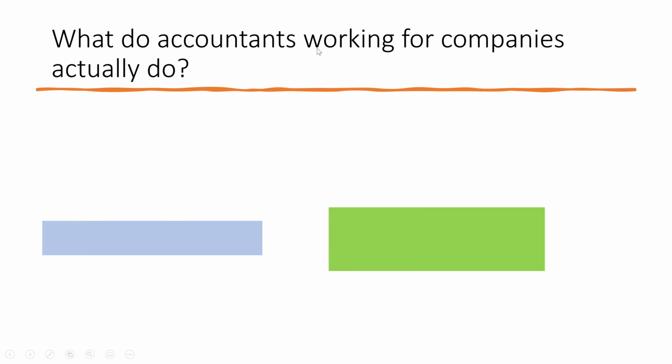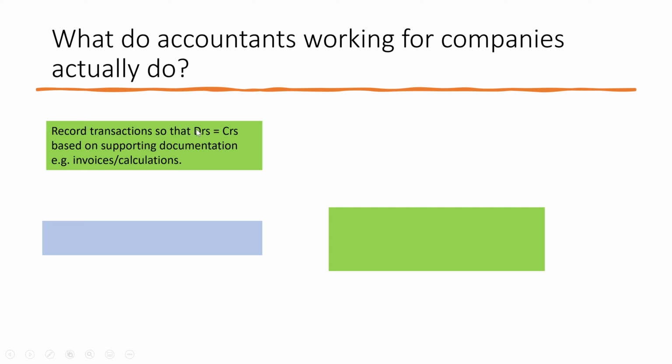So what do accountants working for companies actually do? Well, they have multiple roles, but at the very essence, the first one is to record transactions. The transactions are recorded using double entry so that the debits equal the credits. To record a transaction, you need supporting documentation, like invoices for expenses.